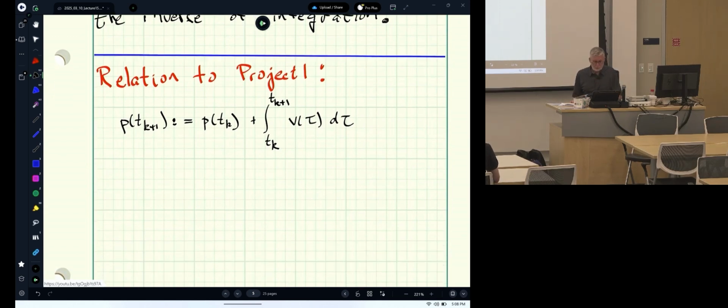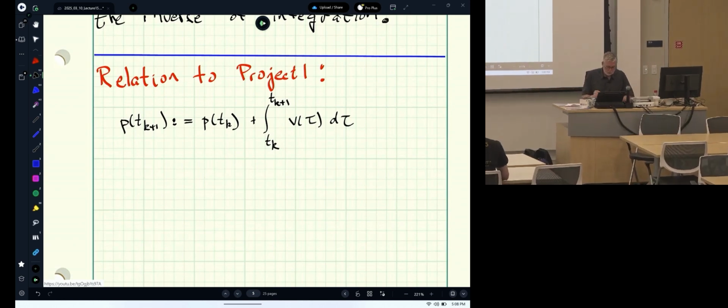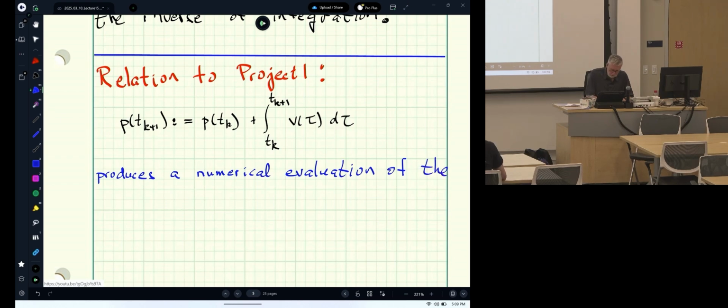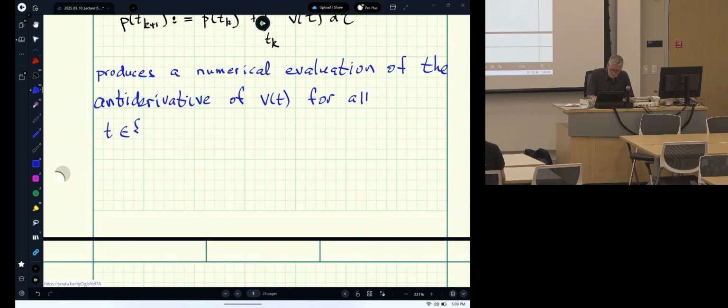Okay. And so what you were doing was a numerical evaluation of the antiderivative of v of t for all times t1, t2, up to some finite set tn.